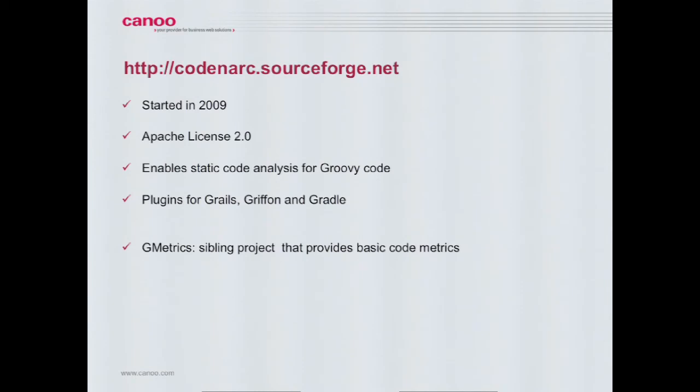You can create your own rules. And it also has a little brother called GMetrics. GMetrics provides basic metrics for your code, like cyclomatic complexity. And if you happen to run your project, it doesn't matter if it's Gradle or not, with Cobertura and GMetrics, you can calculate the CRAP metric. You can go to crap4j.org and read about what a CRAP metric is.